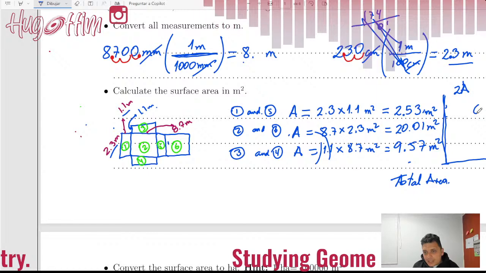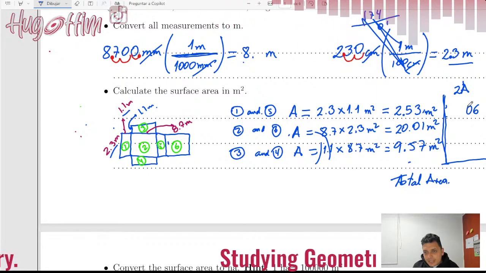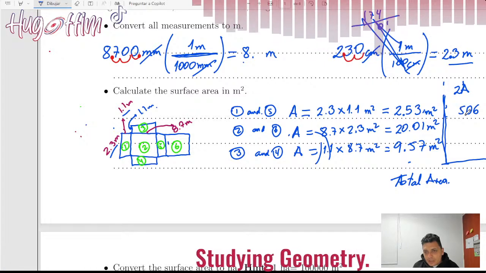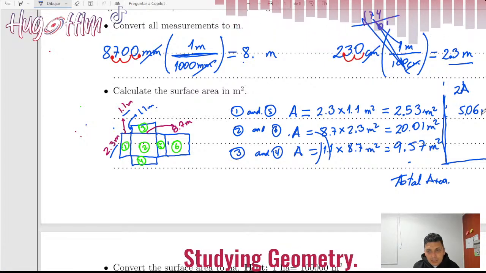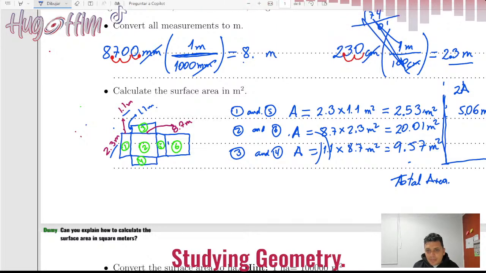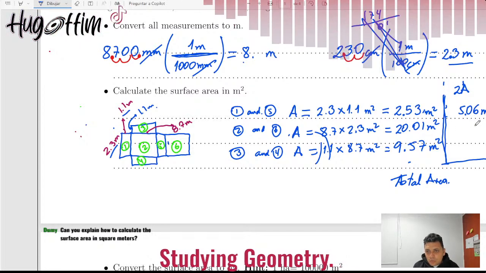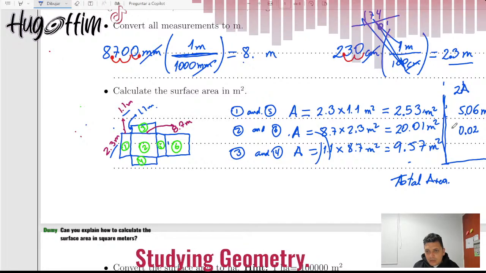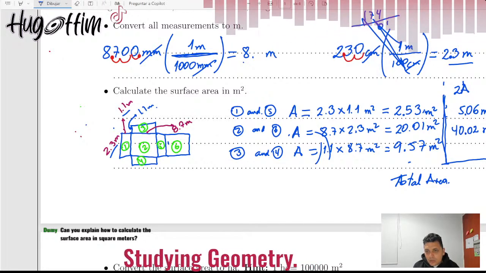Okay, so I'm going to multiply this area by 2. 2 times 3, 6. 2 times 5, 10. 2 times 2, 4, and 1 is 5, so this is 5.06 square meters. This is going to be 2 times 1, 2, 2 times 0, 0, 0, 40.02 square meters.